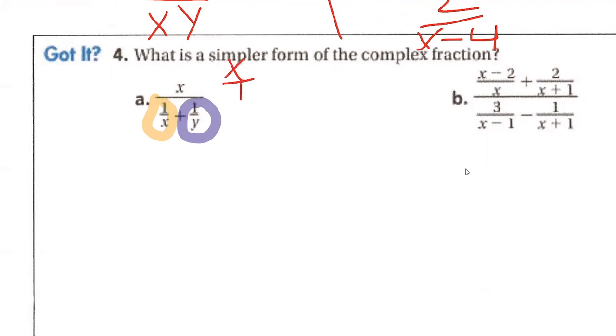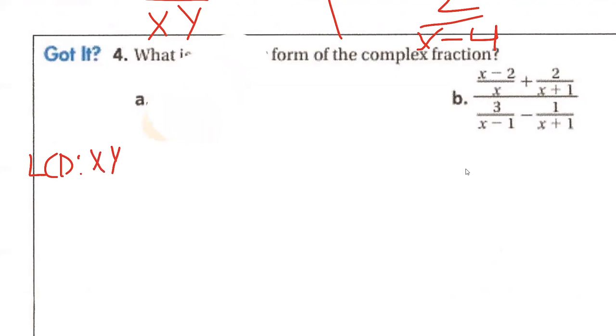This 1/x, and then we have 1/y. So what would be the common denominator between these 3 things? Well, they really don't have anything in common. So basically, you would just take the denominator from each piece. Our least common denominator would technically be 1xy, or just really xy. The 1 doesn't really matter, right? So our least common denominator would just be xy.